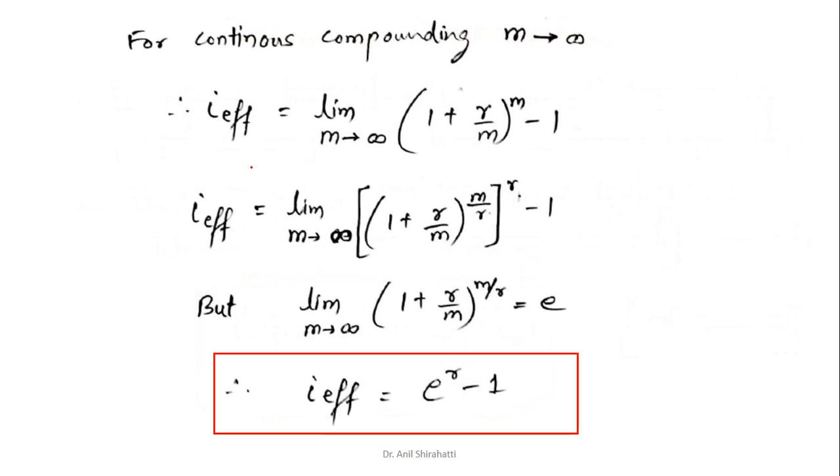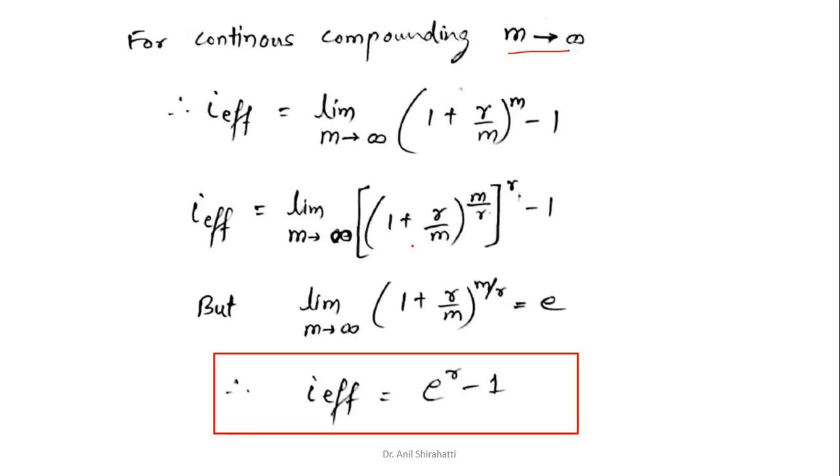Now what happens? m will tend to infinity because I'm making the period as small as possible. So I will put the limit m tends to infinity, 1 plus r by m raised to m, minus 1. Now I'm just trying to rearrange. So m by r into r, again it becomes m only.